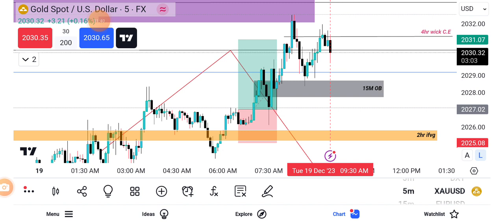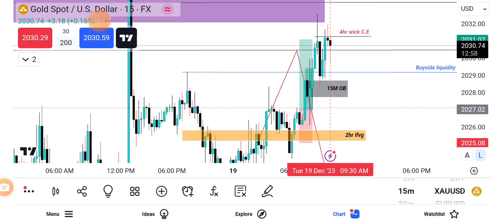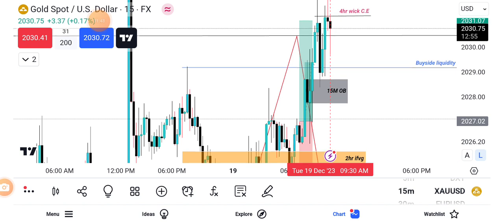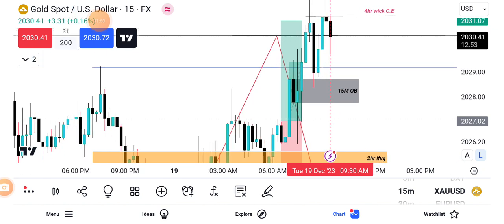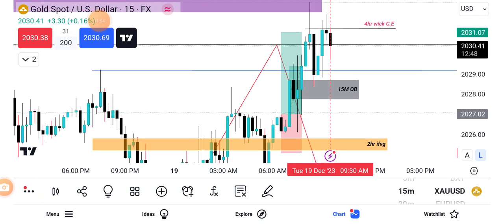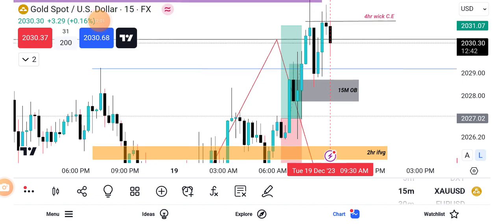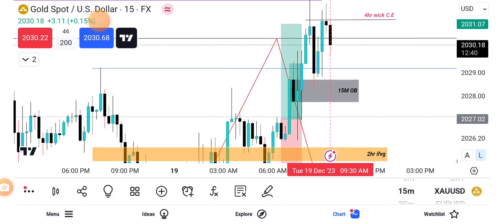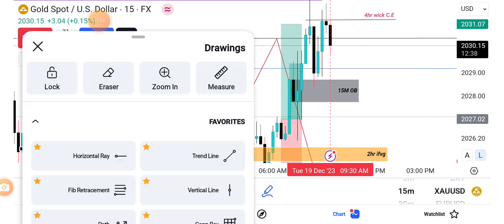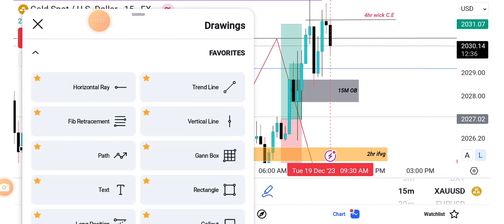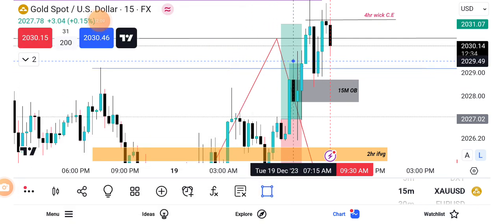I'm feeling calm because it involves the feelings. On the 15 minutes, I'll wait until this candle finishes forming, then I'll be looking for buys. Inside these we have a fair value gap here.